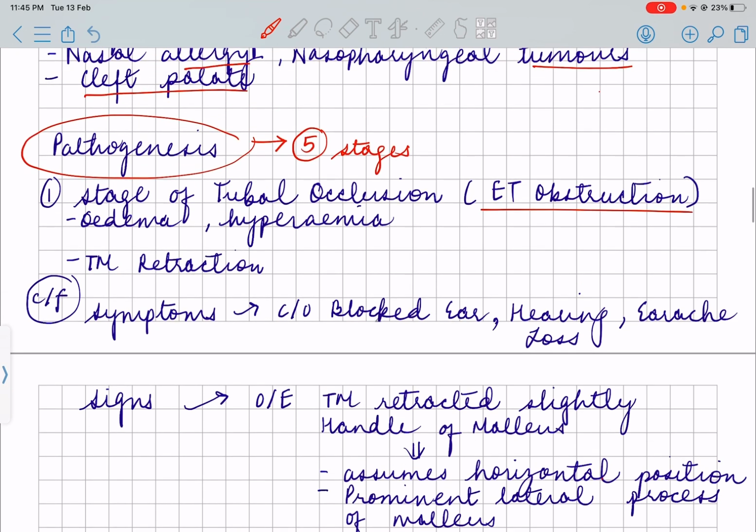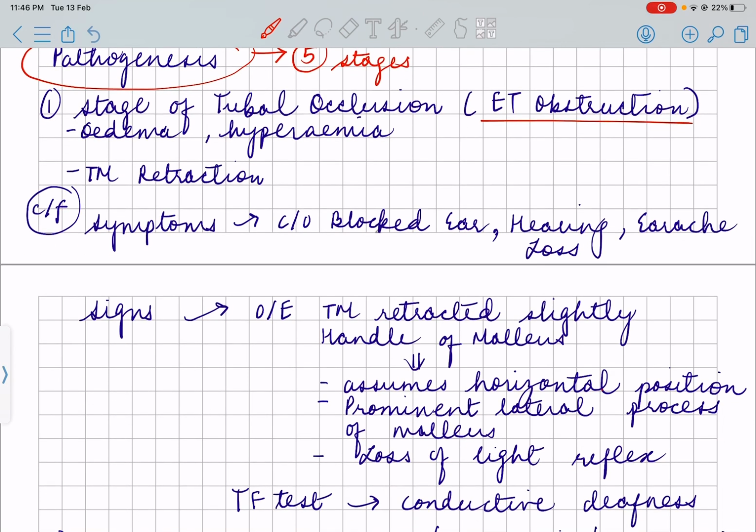As we just said, it includes the stage of tubal occlusion, the stage of pre-suppuration, suppuration, and if the suppuration resolves, it progresses to the stage of resolution. And if the resolution is poor, it can further evolve to the stage of complications, which we will discuss further.